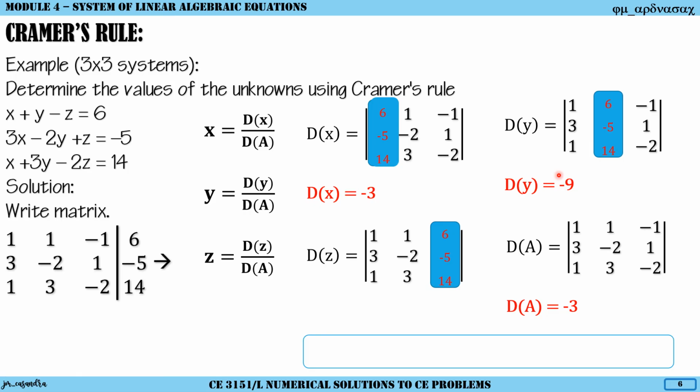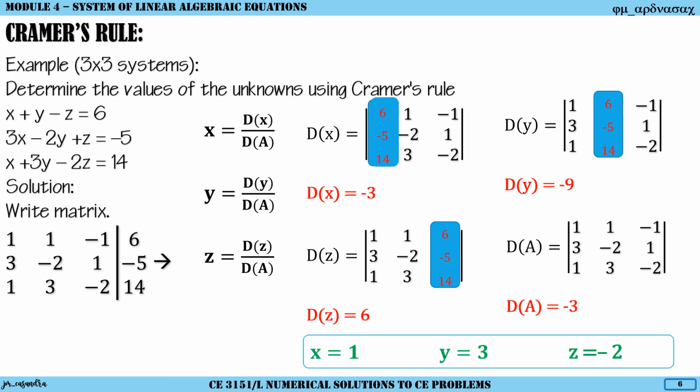Solving the determinant, we get 6. Now for the value of x, that will be negative 3 divided by negative 3, which is 1. For y, that's negative 9 divided by negative 3, so y is equal to 3. And z is equal to 6 divided by negative 3, which is negative 2.